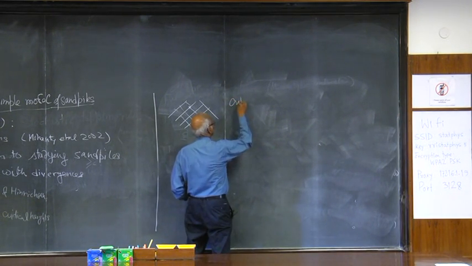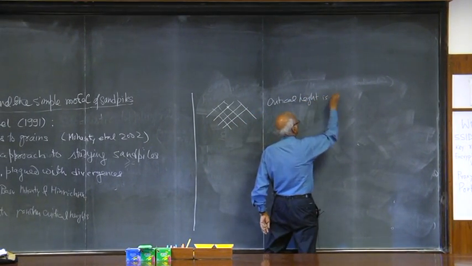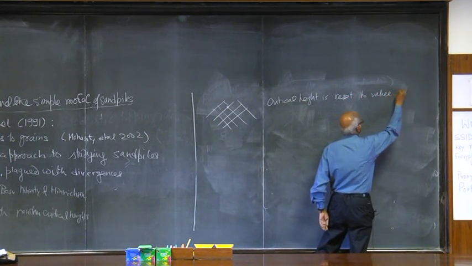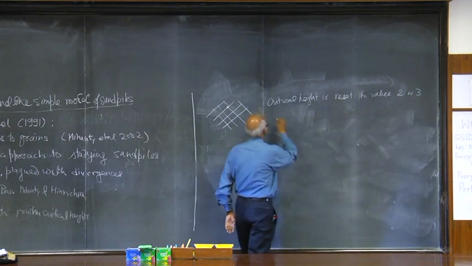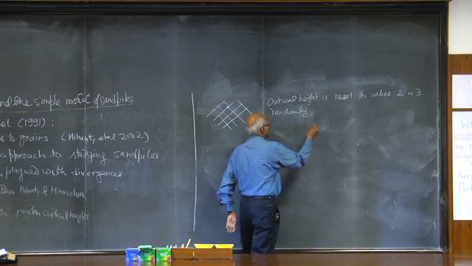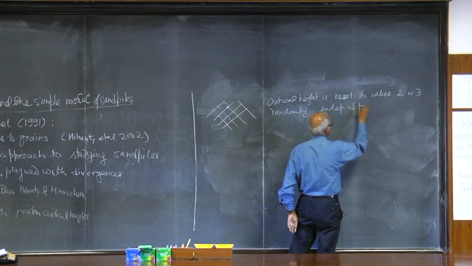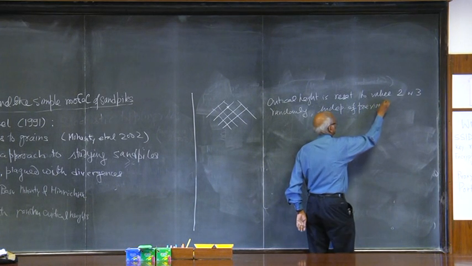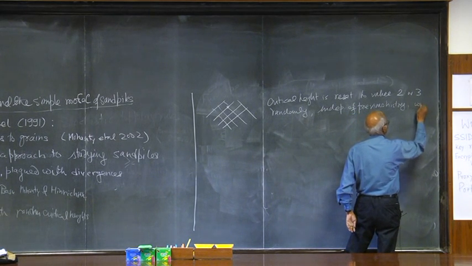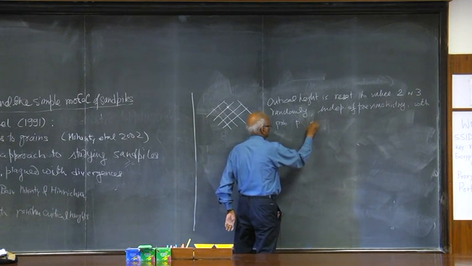So, critical height is reset to value 2 or 3 randomly, independent of previous history, that site and other sites, with probabilities p and 1 minus p.